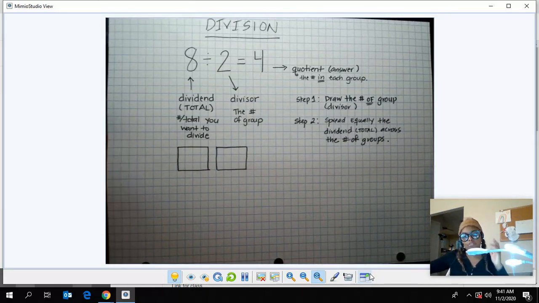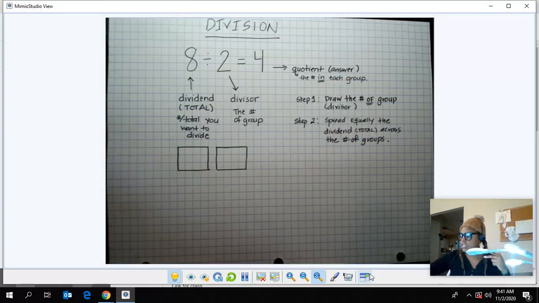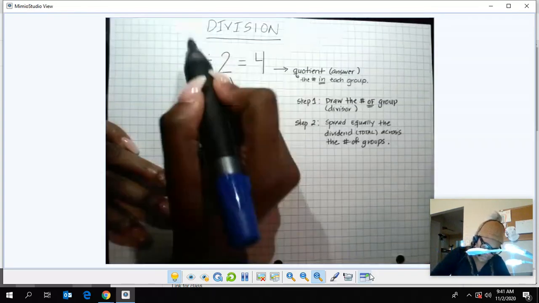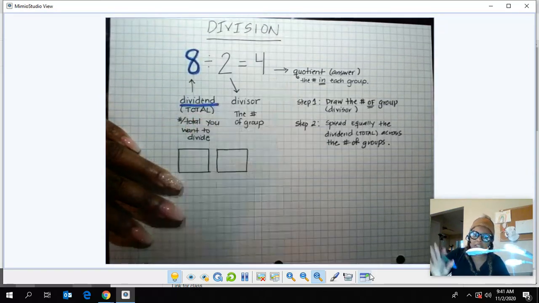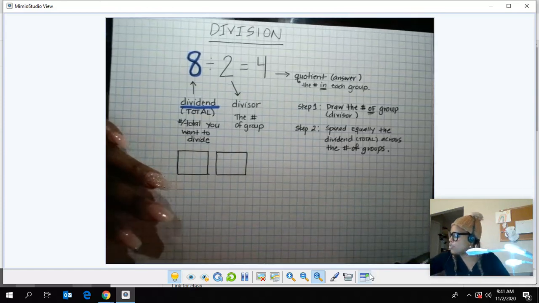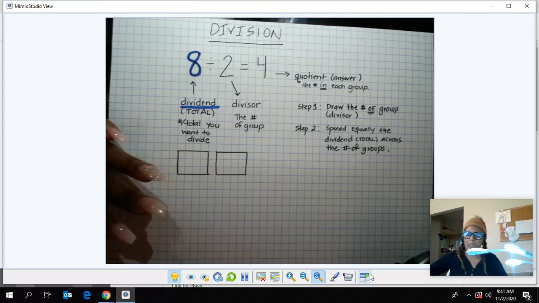And I'm going to use colors to help me because this is a lot of black. I visually learn, so we are going to use colors. So for the number 8, whenever I talk about dividend, guys, I'm going to use the color blue. Underline dividend, okay? And oh, there's my purple.